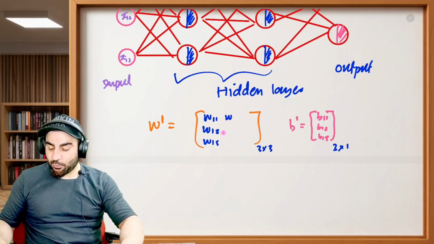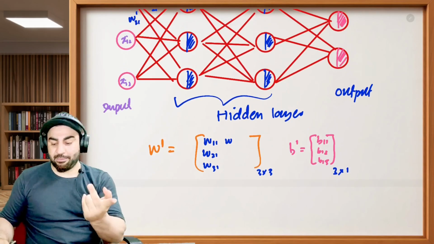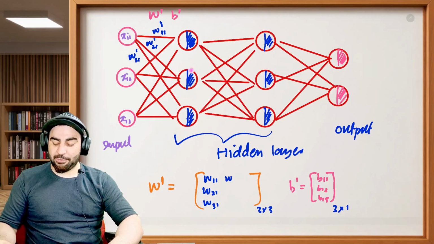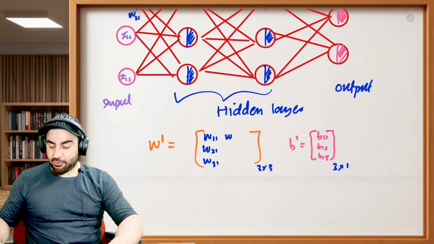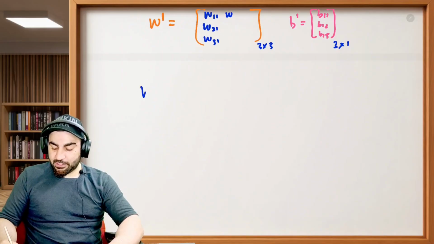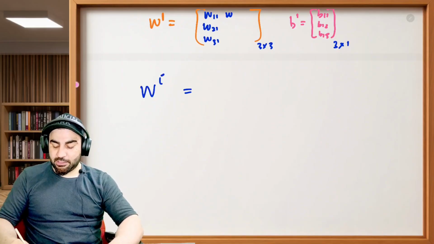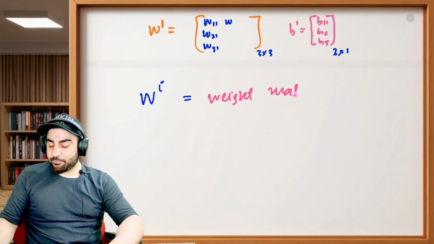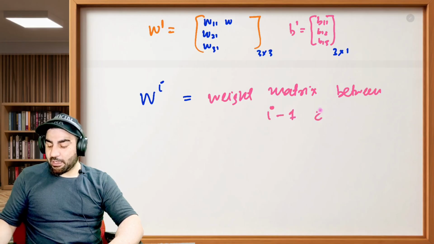Rather, this is 2 1, so I should be writing W21, W31, because I am writing in the opposite way. It goes from, let's suppose, 1 to 1, 1 to 2, but I am indexing it in the opposite direction. So if I write Wi, this means this is the weight matrix between the (i minus 1)th and ith layer.